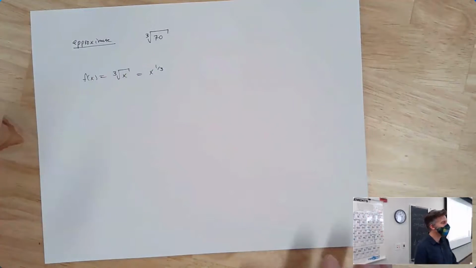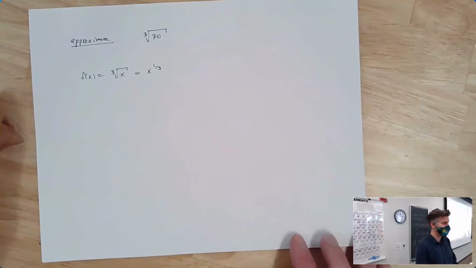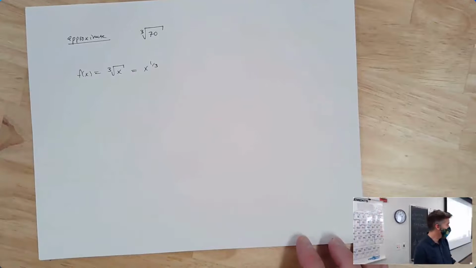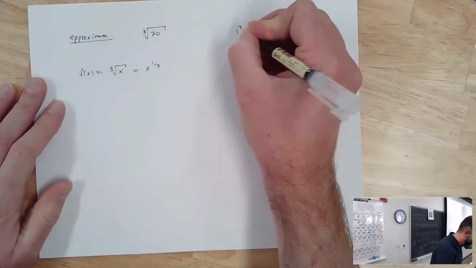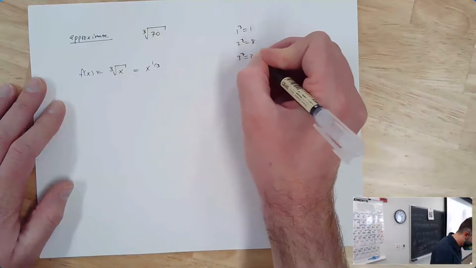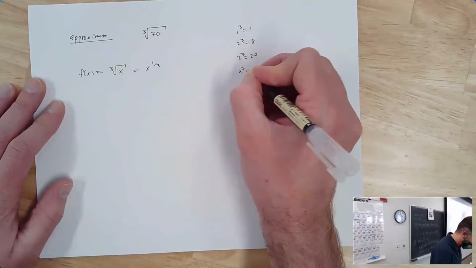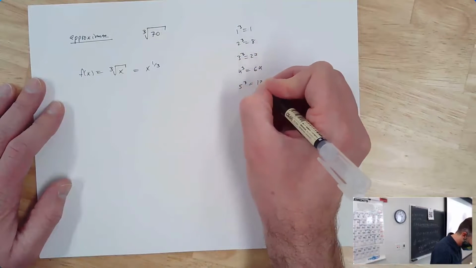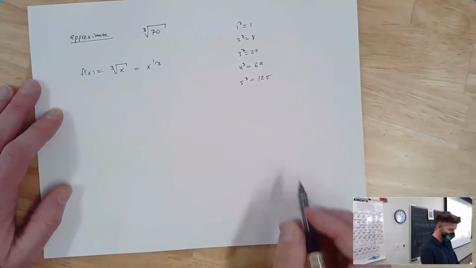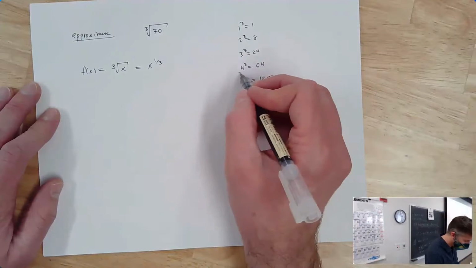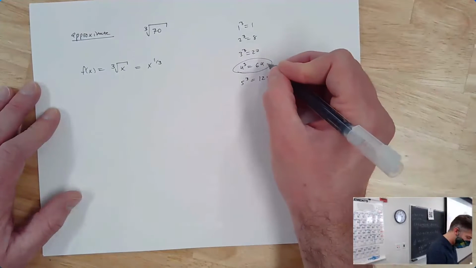And what's the closest number that's easy to take the cube root of? Well, if you don't know, just start finding cubic numbers. 1 cubed is 1, 2 cubed is 8, 3 cubed is 27, 4 cubed is 4 times 4 times 4, which is 64, 5 cubed is 5 times 5 times 5, which is 125. Okay, well, 70 is between these two, and it's clearly closer to 64. So this is the choice you want to make for a.